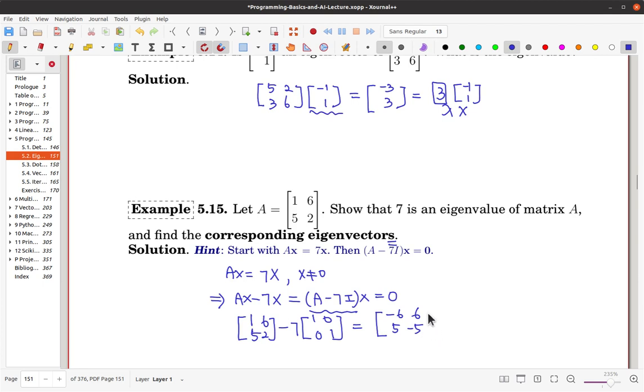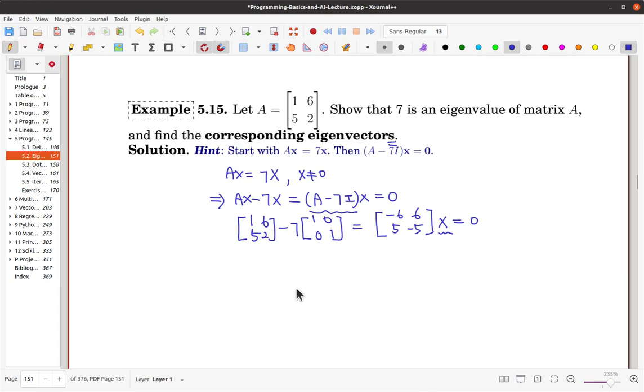So we have to solve (A minus 7I) x equals 0, and once we find a non-trivial solution, that will be the corresponding eigenvector. For this, we start with the augmented matrix, minus 6, 6, 5, minus 5, and the right side is the 0 vector.